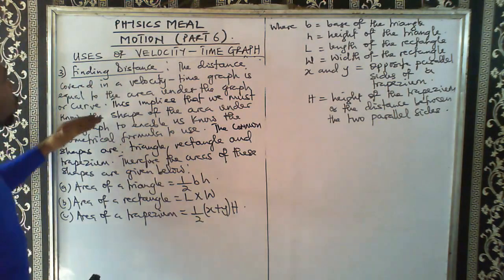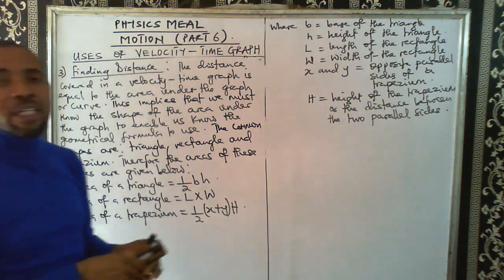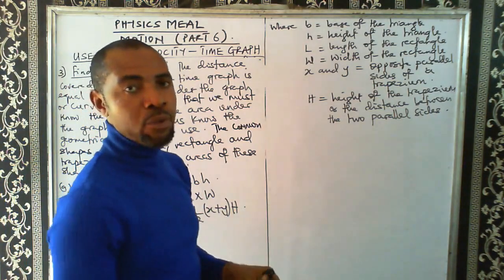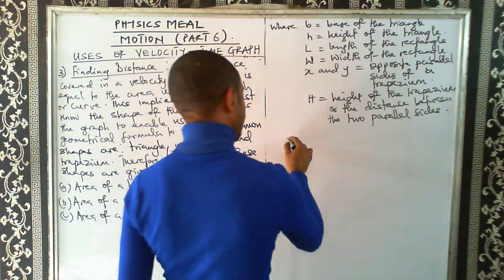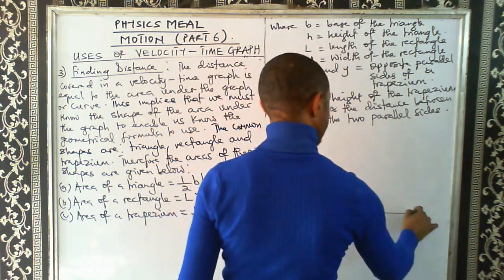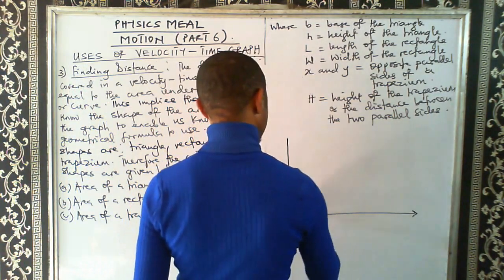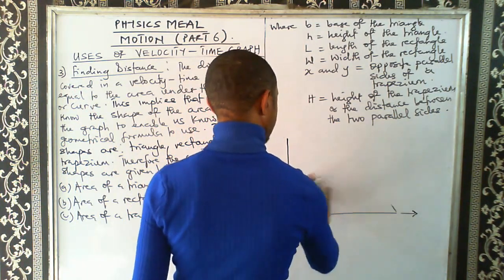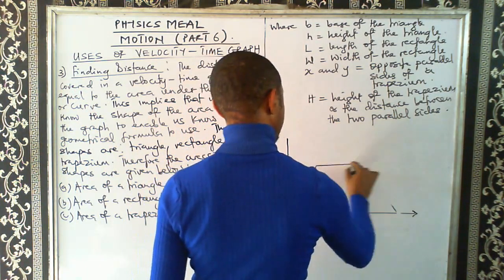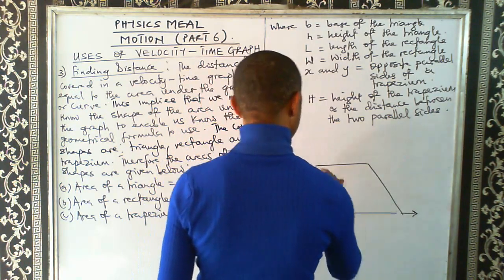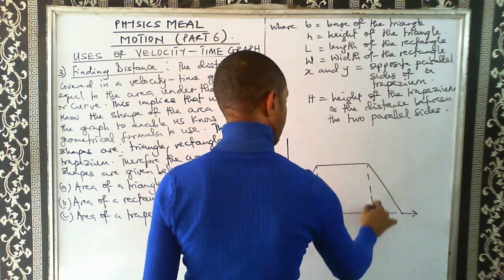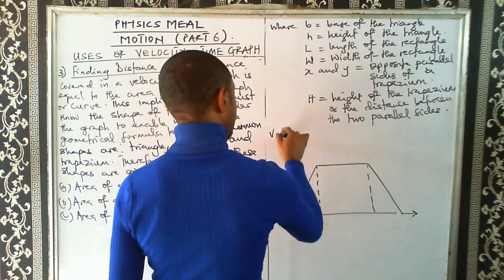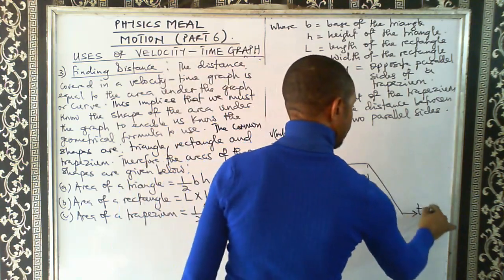So if you don't know the shape that is under the graph, you will not be able to calculate distance. Let's take, for example, a graph with velocity in meters per second and time in seconds.